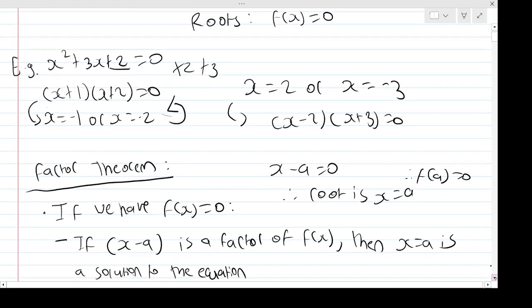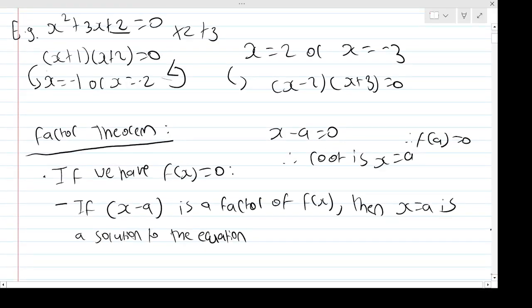If I plug a into the function, I get 0. So in general, if we have a factor x minus a, then we can deduce that f of a equals 0. So if x minus a is a factor of f of x, then we can say that f of a, the function at a, would be equal to 0. So a would be a solution there.